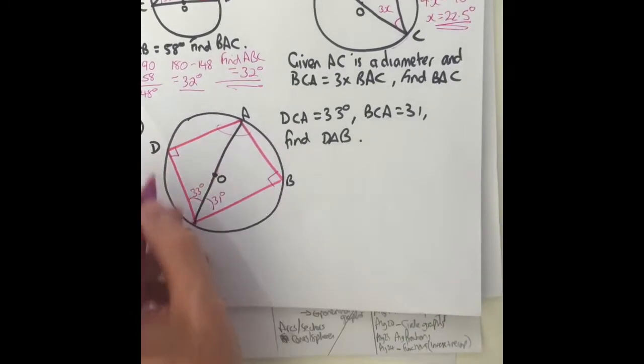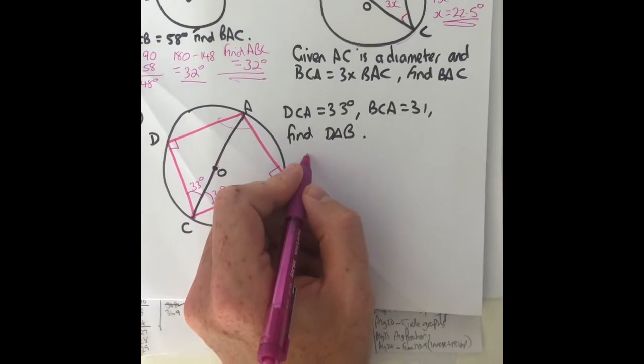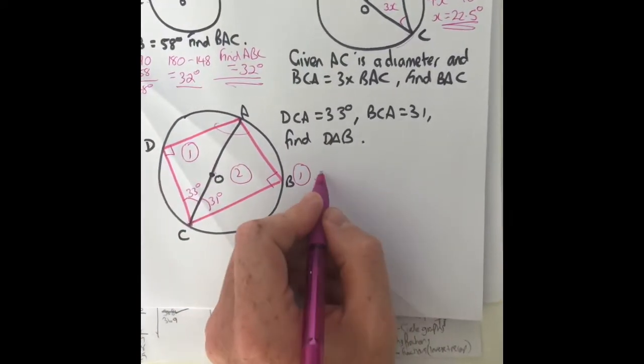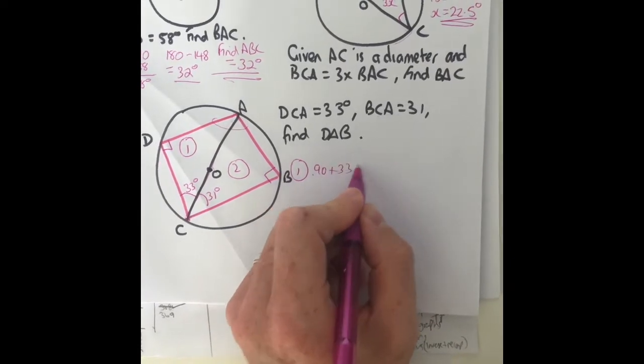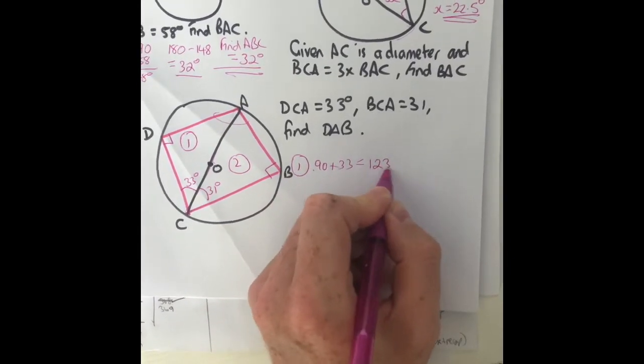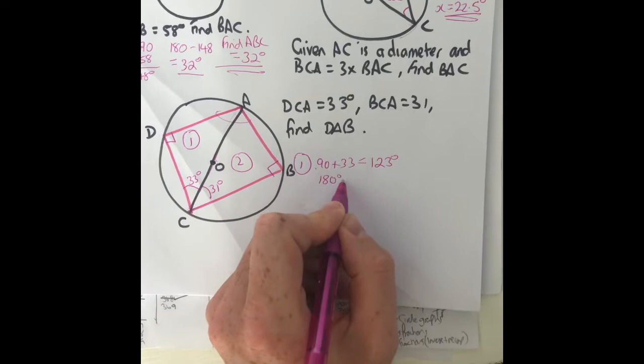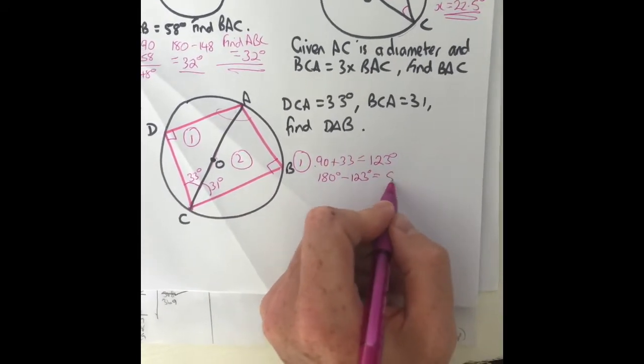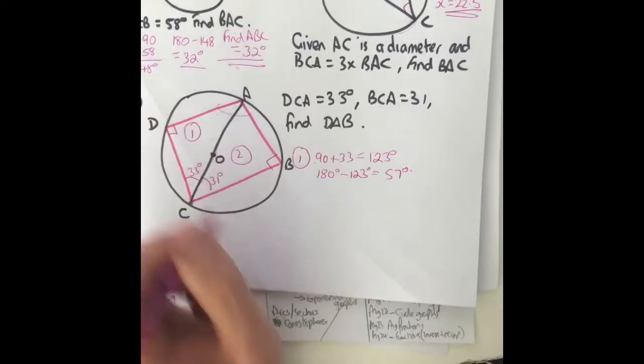So in this side, let's use triangle 1, we know 90 plus 33 is 123. 180 take away 123 is 57. So this one's 57.